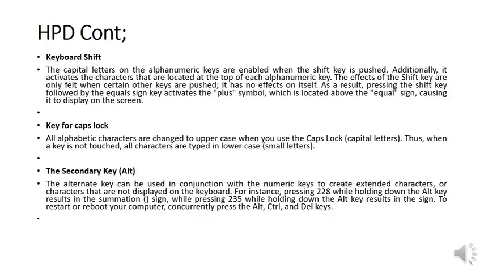The effect of the shift key is only felt when certain other keys are pushed. It has no effect on itself. As a result, pressing the shift key followed by the equal sign key activates the plus symbol, which is located above the equal sign, causing it to display on the screen.